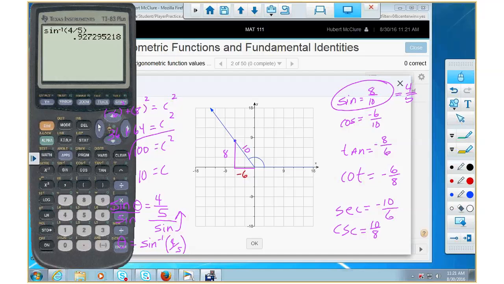And that's just probably radians, because it must not be in degree mode. So go to handy dandy degree, and get out of this, second quit, second entry.